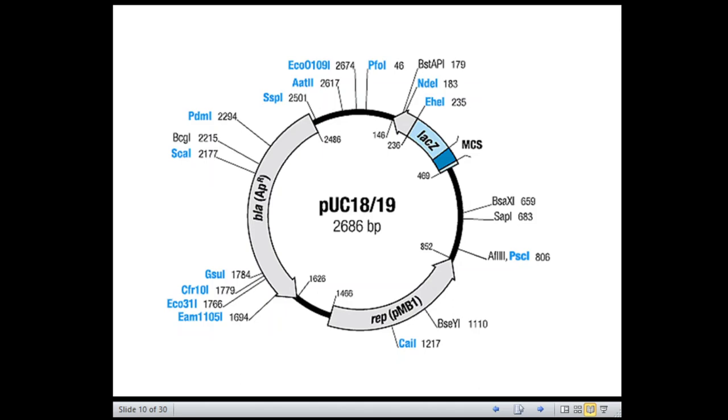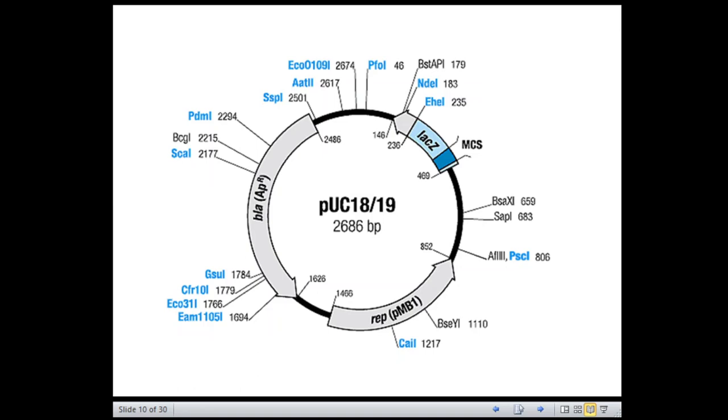Moreover, the MCS is part of a gene in its own right and codes for a portion of a polypeptide called beta galactosidase. Right. So, when the PUC plasmid has been used to transform the E. coli, that is host cell E. coli, the gene may be switched on by adding an inducer.